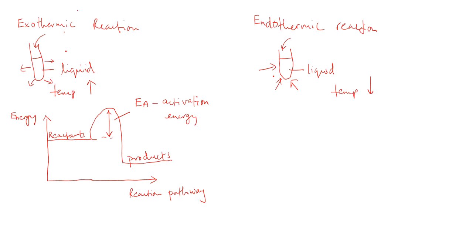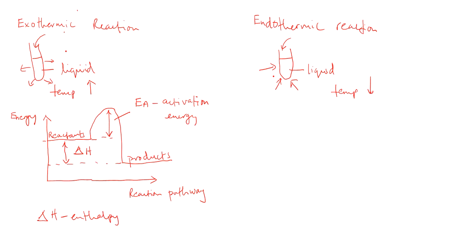Now the difference between the reactants, so draw a dotted line here, this distance here, right, is what we call delta H. It's a triangle, delta H, and delta H is what we call the enthalpy change.